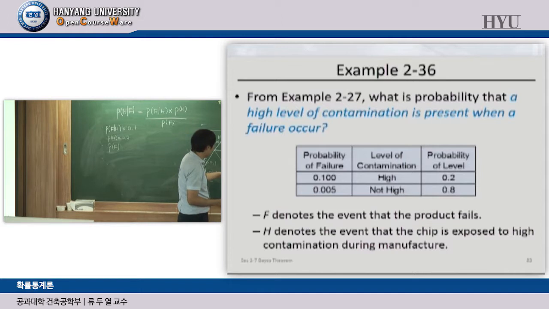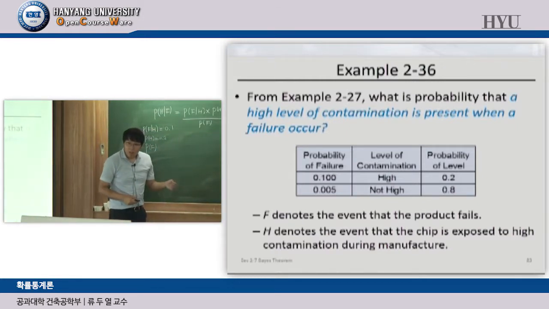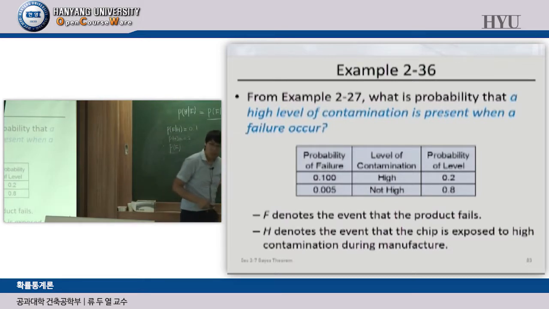And the probability that there is a failure when there is a not high level of contamination will be the conditional probability of F given N multiplied by the probability of N. That equals 0.005 multiplied by 0.8. So the probability of failure will be the summation of these two cases.